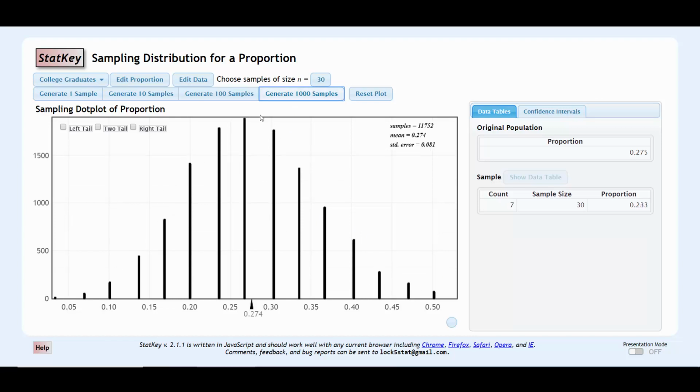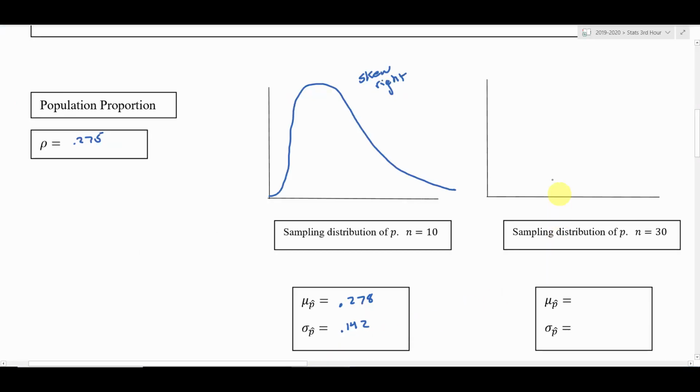And this is exactly what we expected to happen. Those sample sizes are now sufficiently large. The central limit theorem says when that happens, we're going to get a normal distribution, which we do. This is a perfect normal distribution. We have a mean, we have a standard deviation. Let's go put that in our notes here. Draw a nice normal distribution.